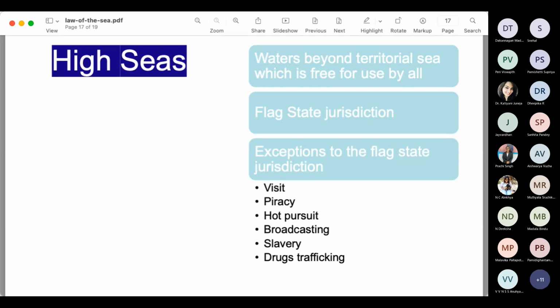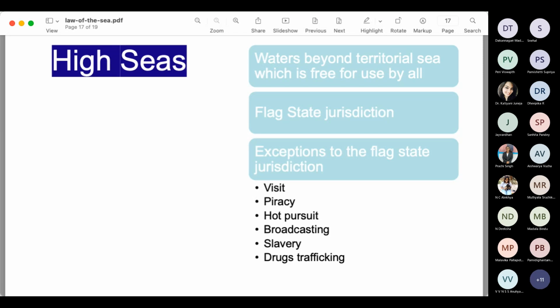The general rule is that the state whose flag is flying has complete jurisdiction over the ship and its crew. So whatever happens on the ship, the crew as well as the members present on the ship will be directly responsible, and that nation state owes responsibility towards the members, the ship, and the crew.